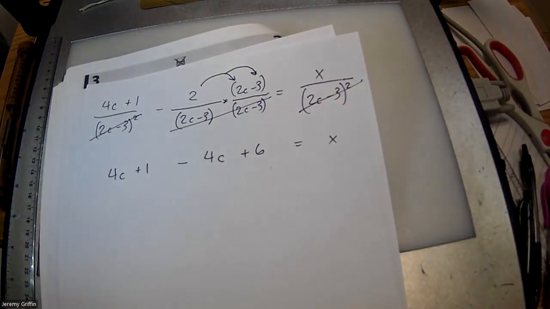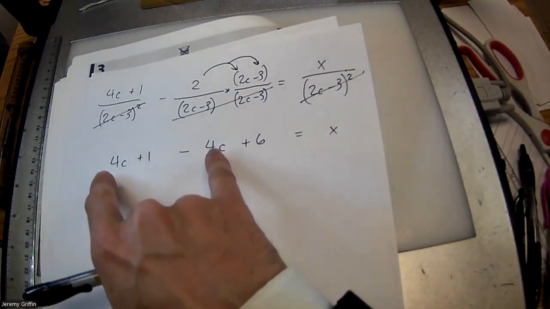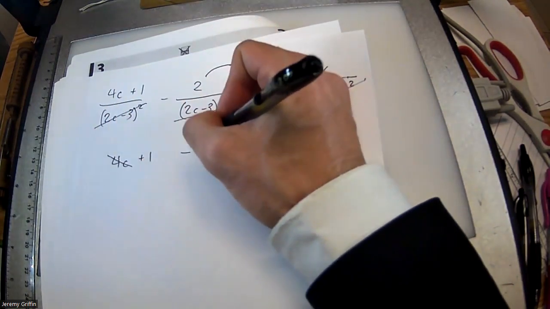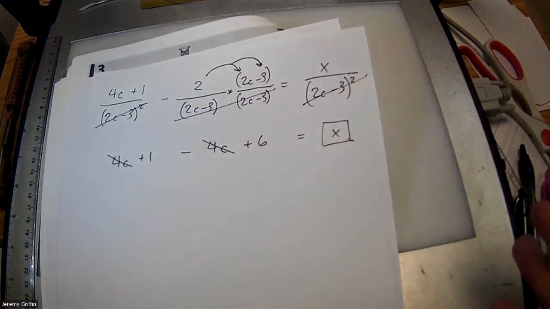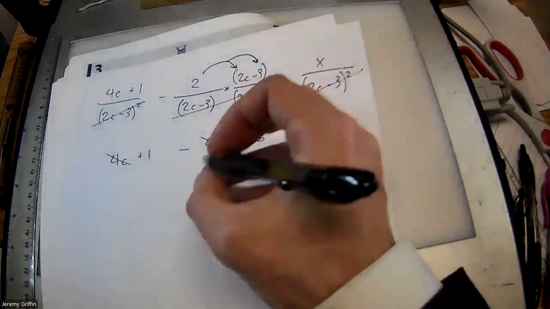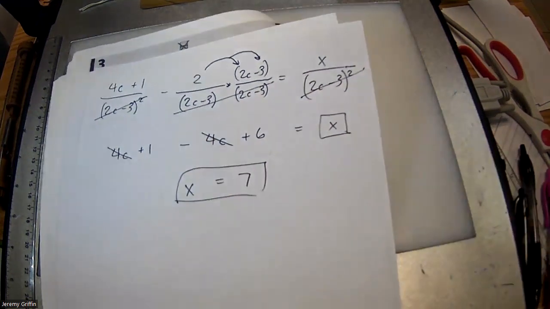Now we're okay, right? It's the same denominator. You can just multiply it, cancel out. Ooh, what happens to the 4c and 4c? They cancel, which is really good news because we're solving for x, and we need some kind of numerical answer. So this is a hint that we're probably on the right track. I mean, that had to happen. So you can bubble in the correct answer. 7. The answer is 7. Okay, you guys got 7?